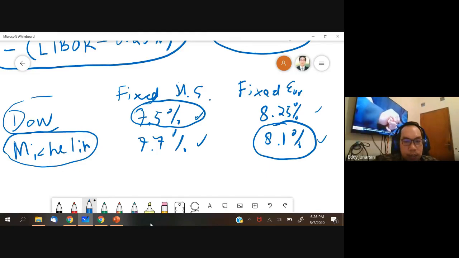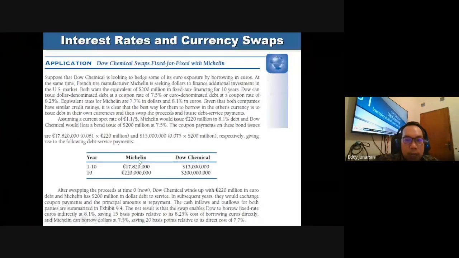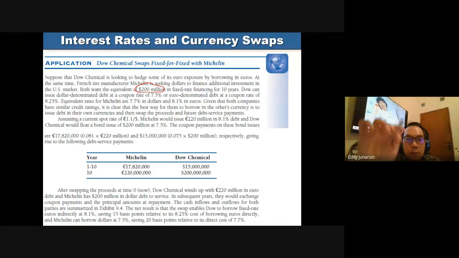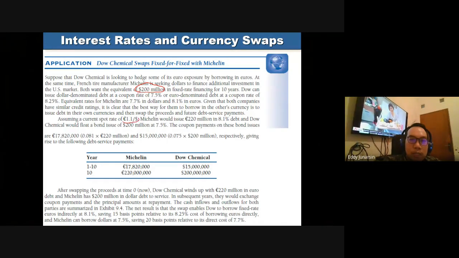They exchange their obligations, and both of them need how much again? $200 million equivalent, right? Okay, so the spot rate right now is 1.10. Let's assume that the spot rate is 1.10. So how much is it? So $200 million at 1.10 euros per dollar. So we multiply, right?